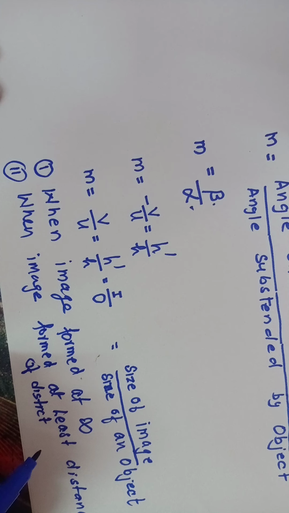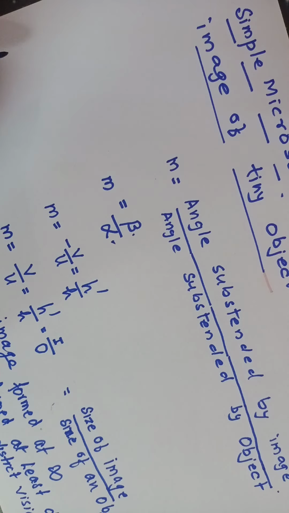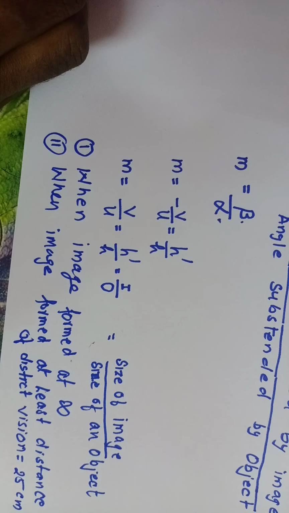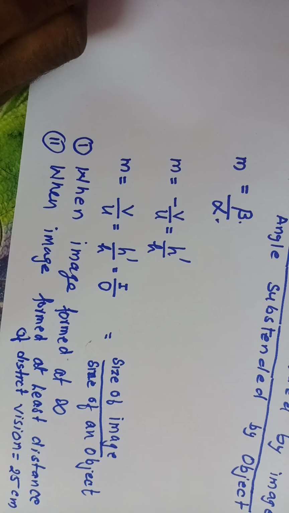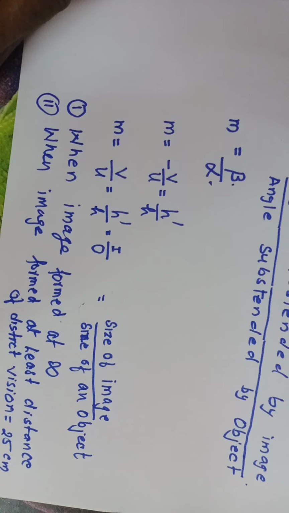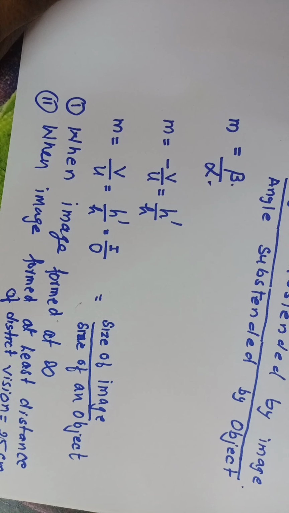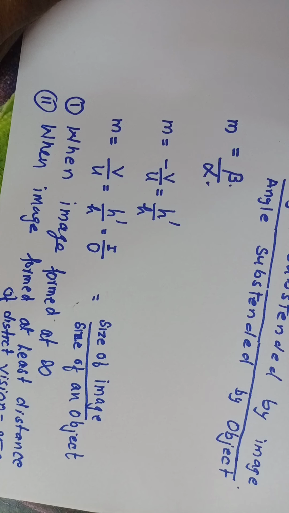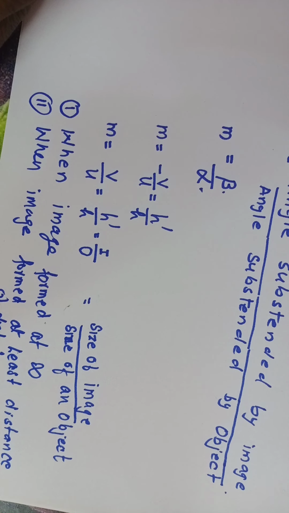The least distance of distinct vision is 25 centimeter, and to get the image at infinity we have to put the object at the focus. The least distance of distinct vision, we can say, is the near point also. The near point is 25 centimeter.